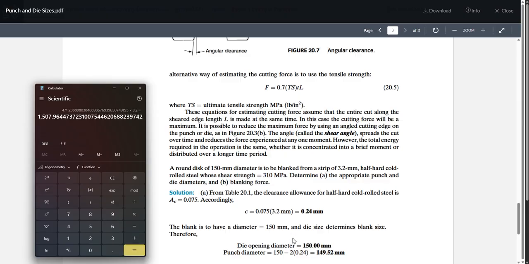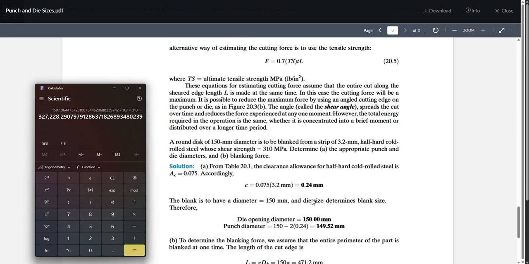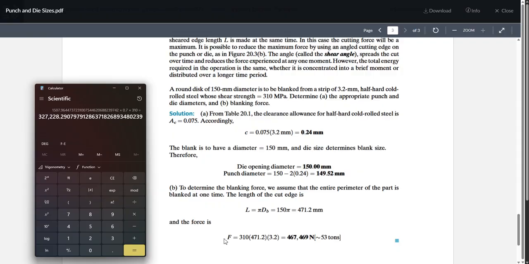Okay, and then I multiply it by 0.7, and multiply it by the shear strength of 310. So the value should be 327,000, or 327 kilonewton. So we calculated the perimeter and the force.